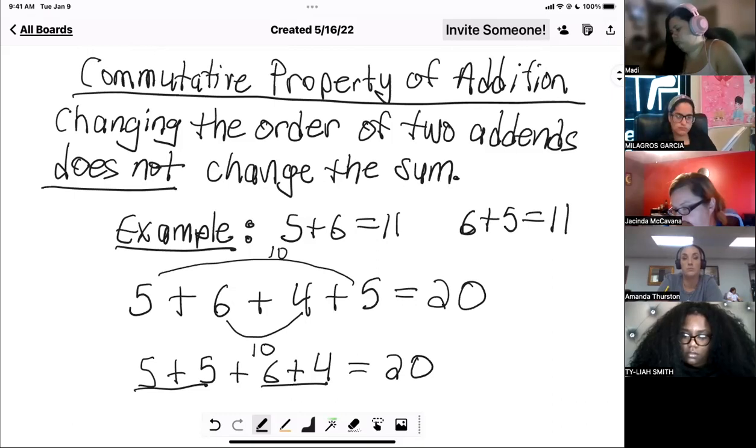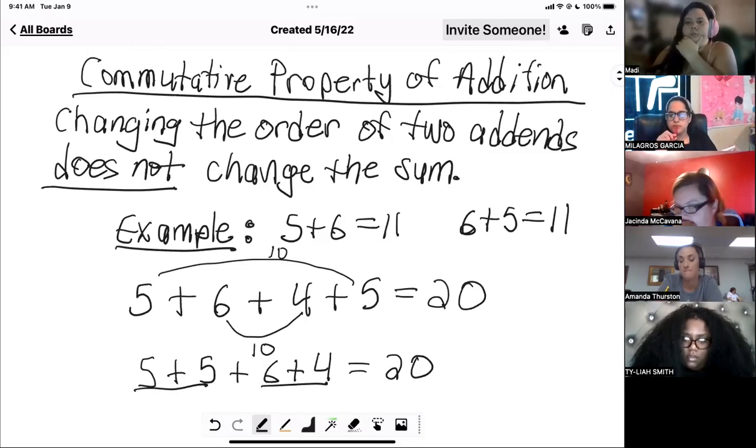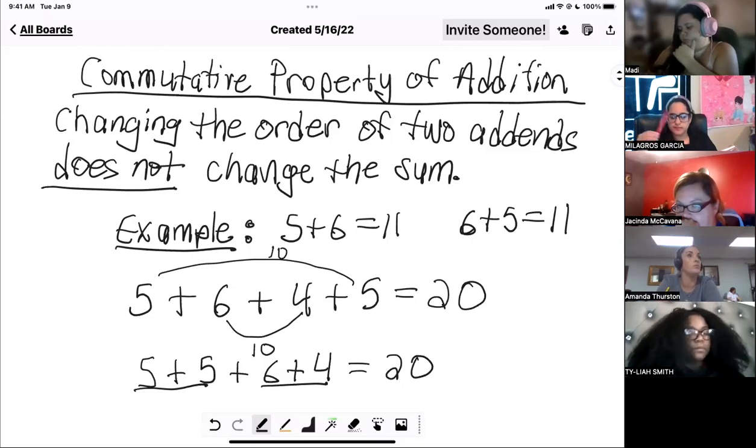Hey, Miss Garrett, can you give me a minute? Let me write all of this down. Okay. So you probably use commutative property when you add, you just don't even realize it.